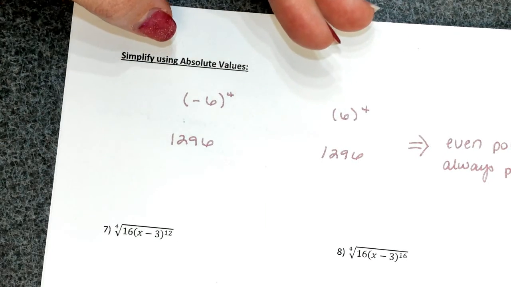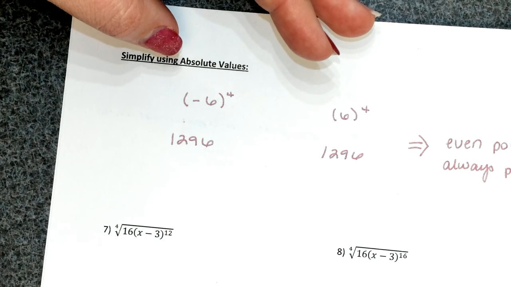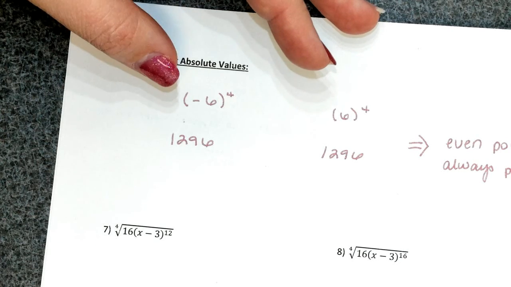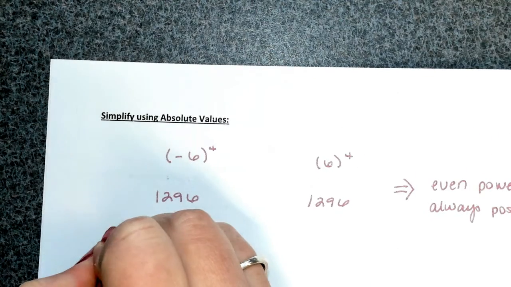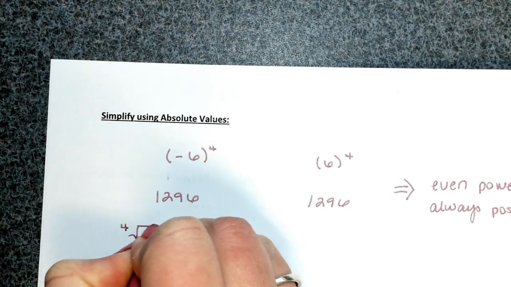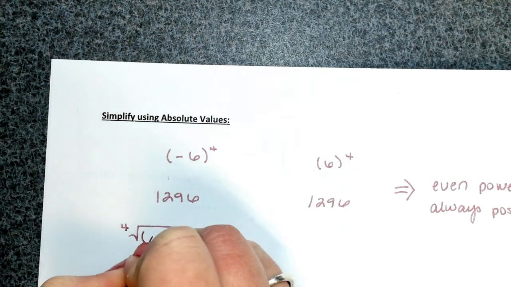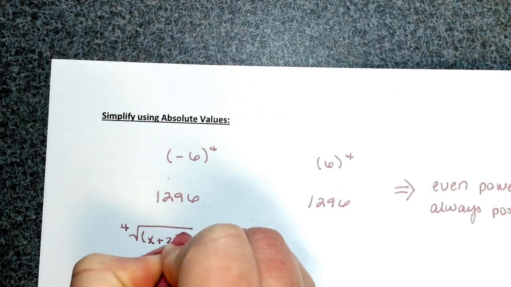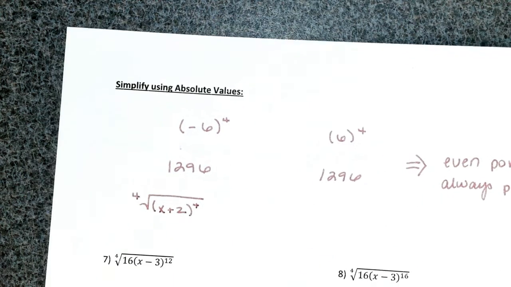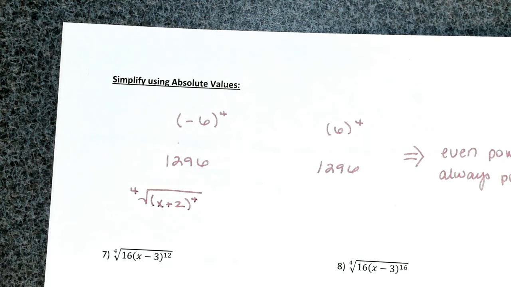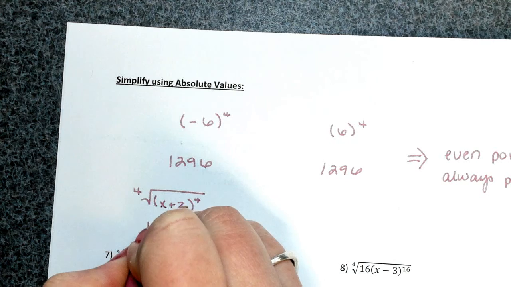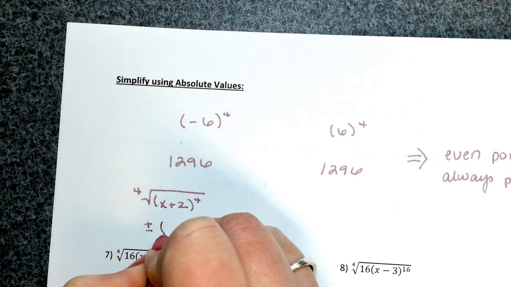Okay, so if we have the fourth root of x plus 2 raised to the fourth power, is your answer going to be positive or negative?